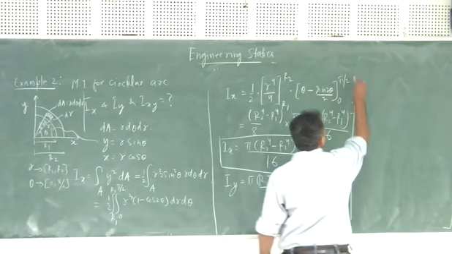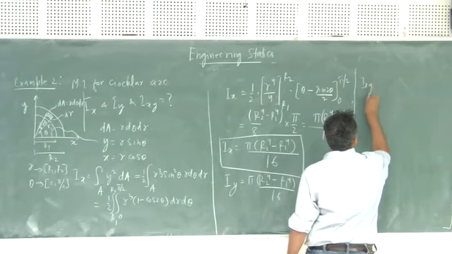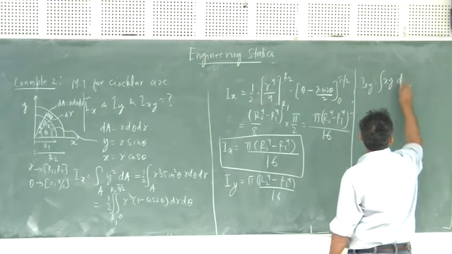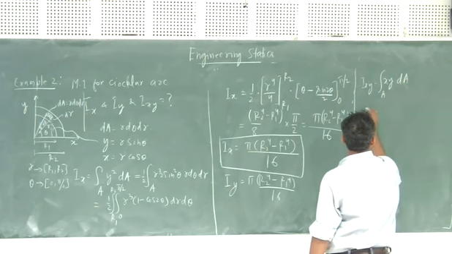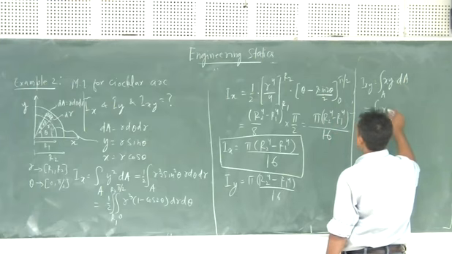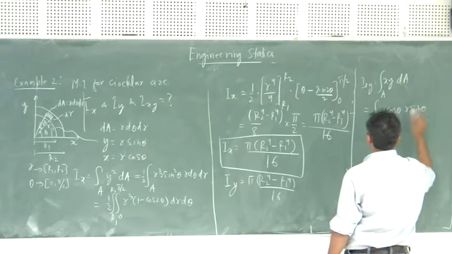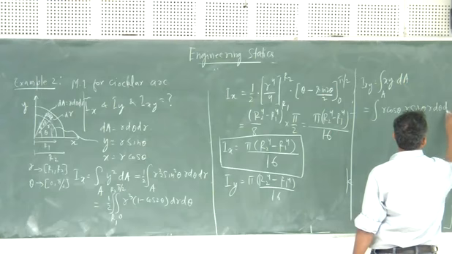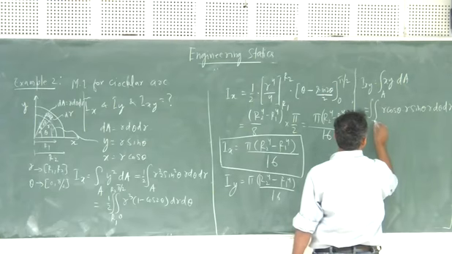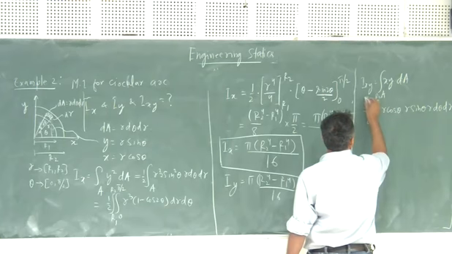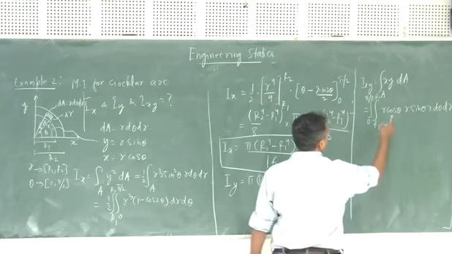The product of inertia will be found as the integral of x y dA over A. What is your x? x is nothing but r cos theta. y is nothing but r sin theta. dA is nothing but r d theta dr. And integration will be from r1 to r2 and theta from 0 to pi by 2.